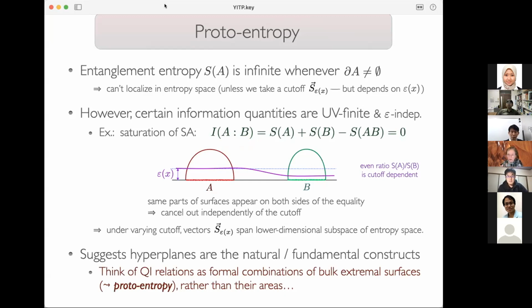So we can recast the entanglement entropy in terms of not areas of the surfaces, but rather in terms of what we call a proto-entropy, and associate that quantity with the extremal surfaces themselves, not their areas which diverge, but really the surfaces.